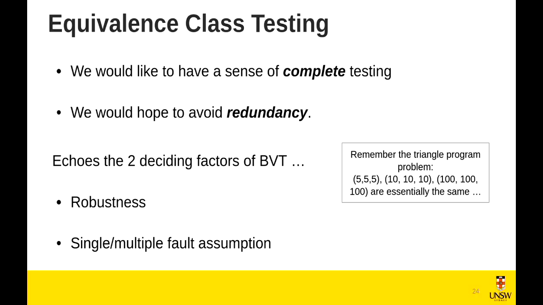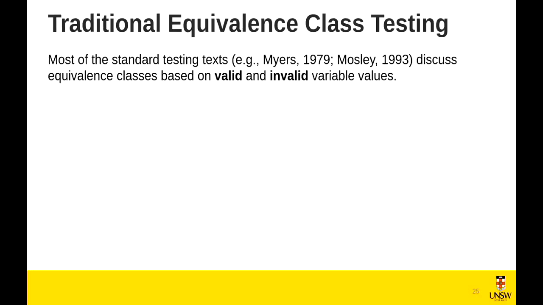So all these three triangles are equilateral triangles. In this case, these three test cases should be treated the same, right? So equivalence class testing is to find whichever test inputs are equivalent to each other. And the key here is how we determine this equivalence.